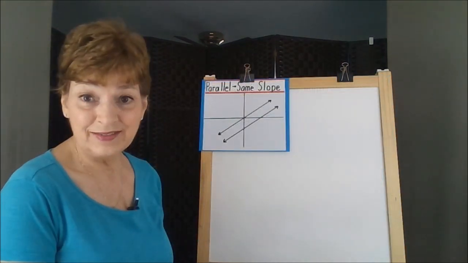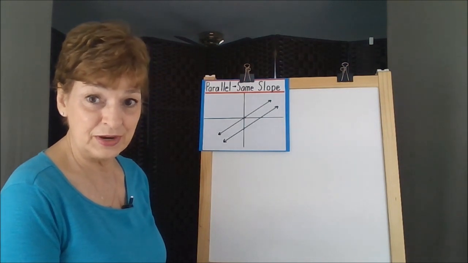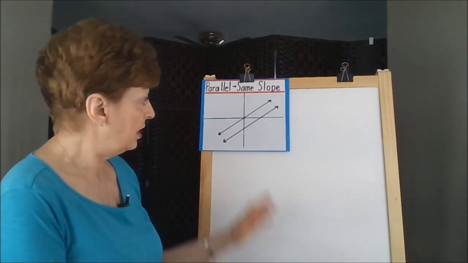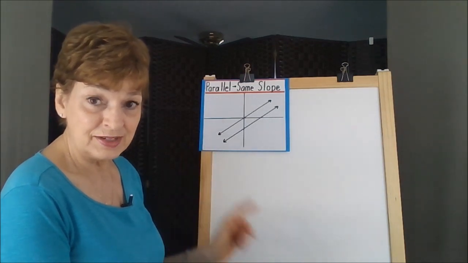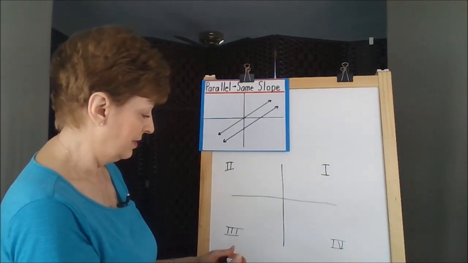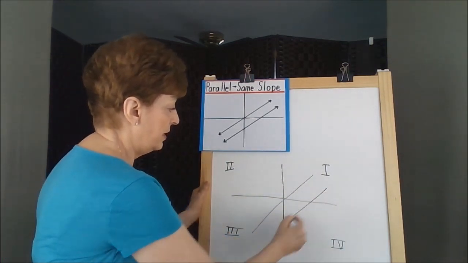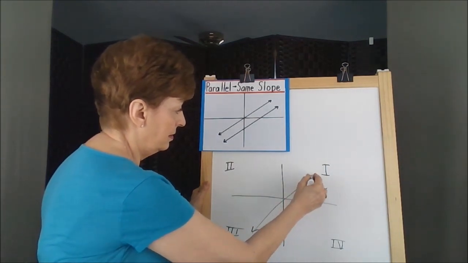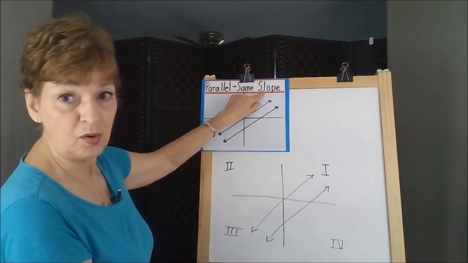Another topic that's covered in Algebra 1, the linear equation units, has to do with 2 or more lines copied onto the same coordinate graph. When lines are parallel to each other, in this case I've drawn this situation, parallel lines have the same slope.